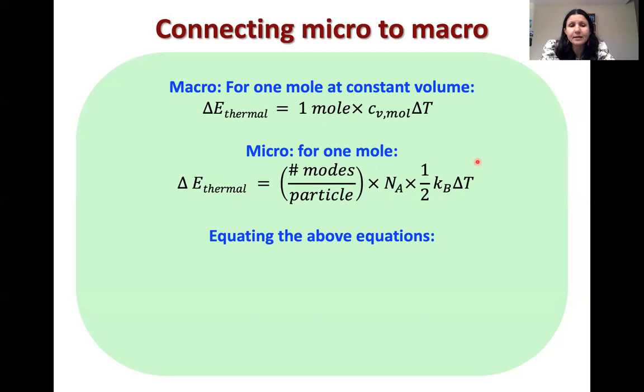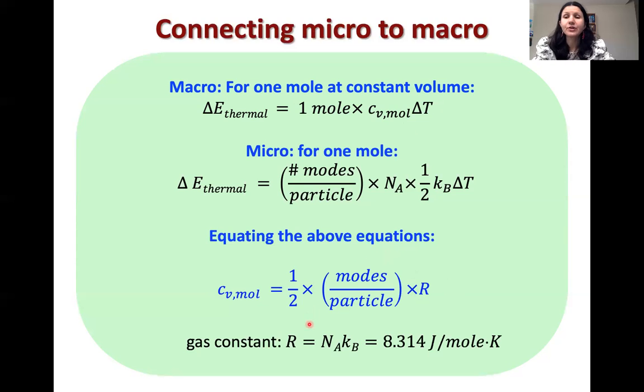If we equate the above equation and solve for specific heat, we find that it's 1/2 times the modes per particle times R. This R is a new constant known as the gas constant, because you see here a factor of N_A, Avogadro's number, times k_B. Instead of always multiplying these two bulky numbers together, it's easier to work directly with this gas constant, which is 8.314 joules per mole per Kelvin.